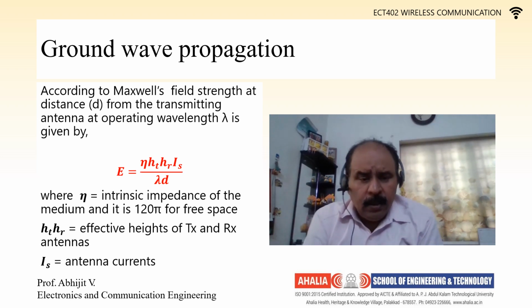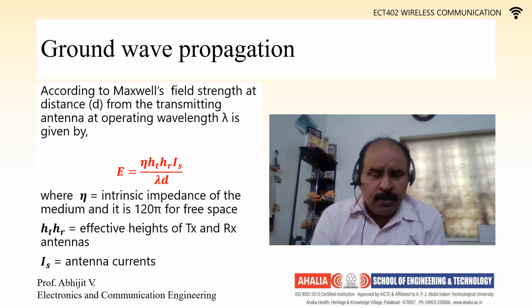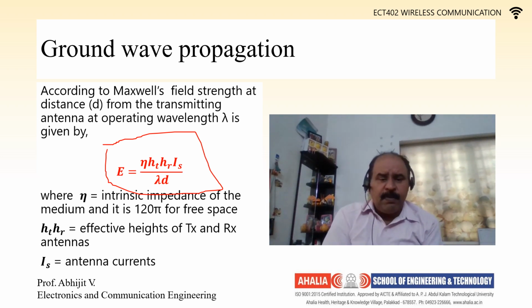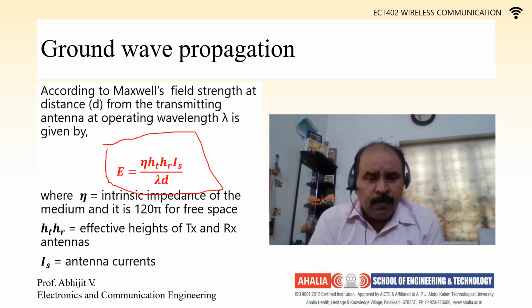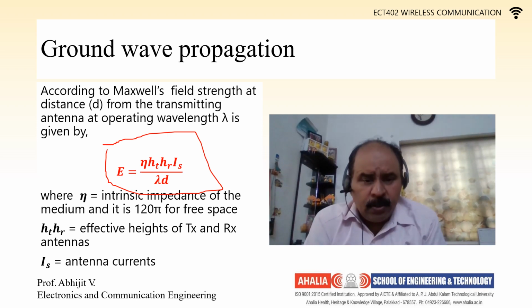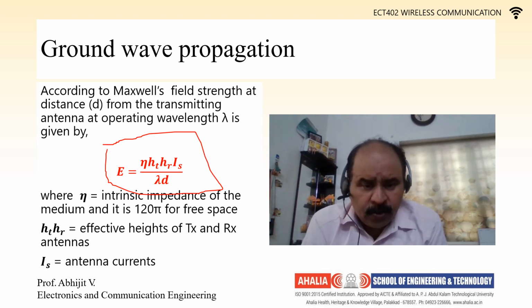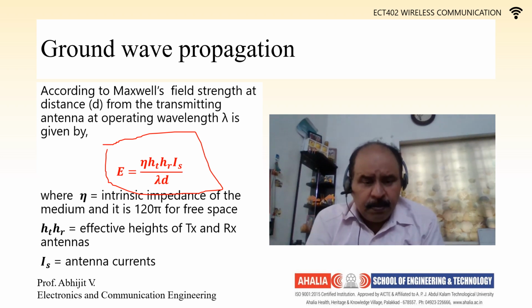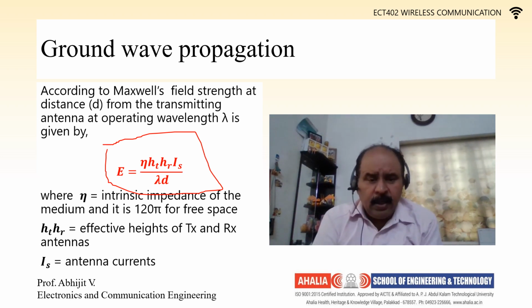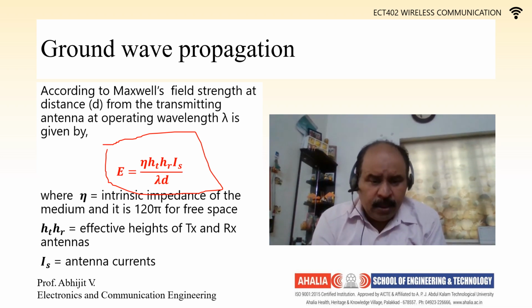So we'll see a very small mathematical equation to find the field strength in case of ground wave propagation. According to Maxwell's equation, d is the distance between the transmitting and the receiving antenna, with a wavelength of lambda. In that, E is equal to eta times ht hr, the heights of the transmitting and the receiving antennas, and Is is the antenna current. Eta is the intrinsic impedance of the medium.